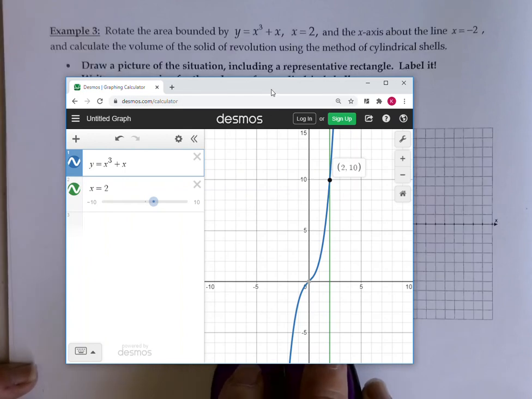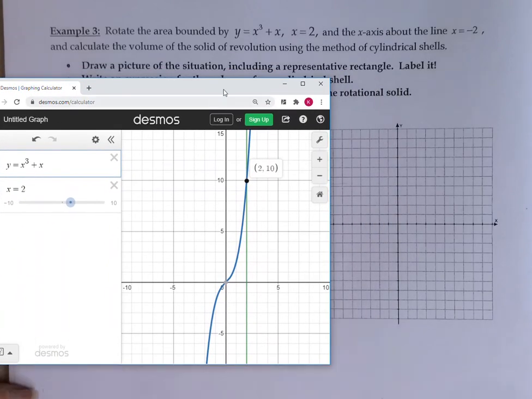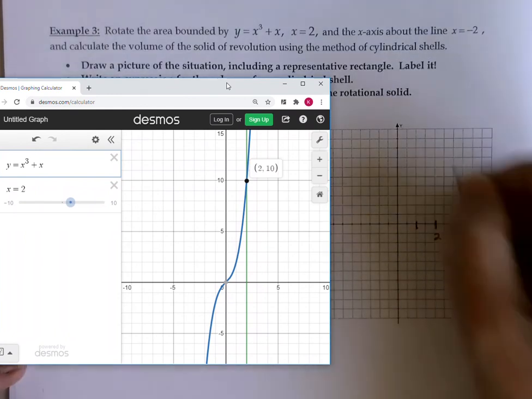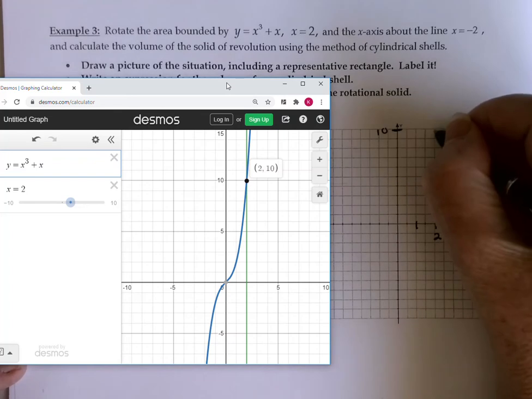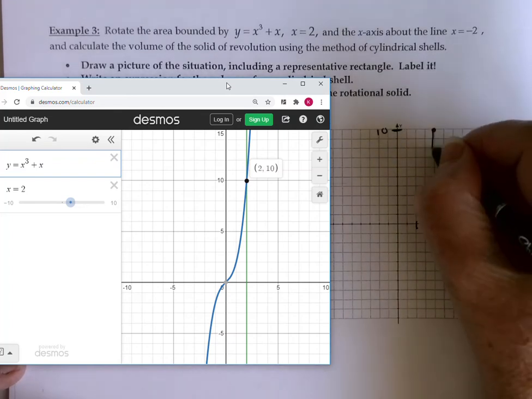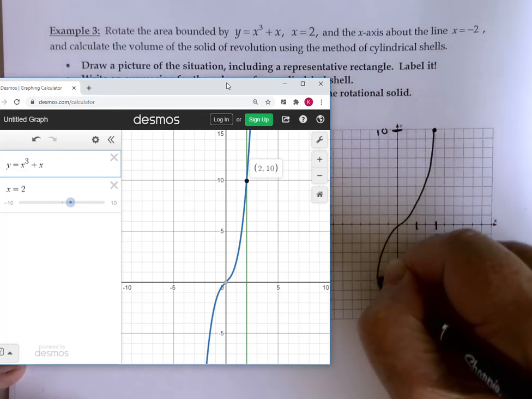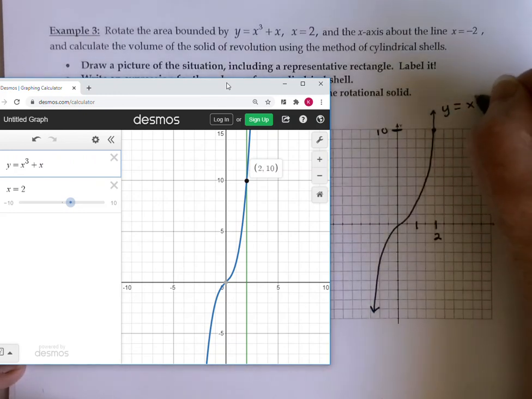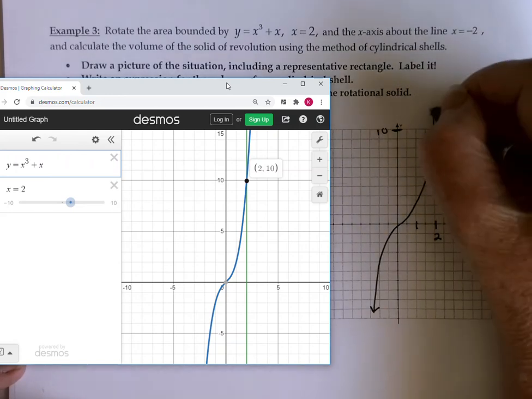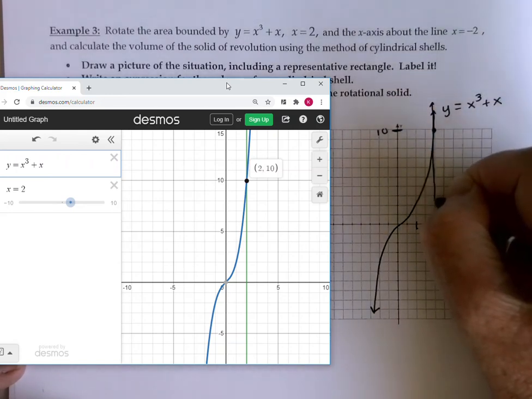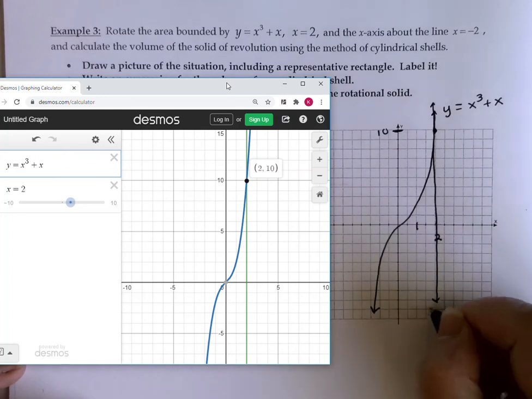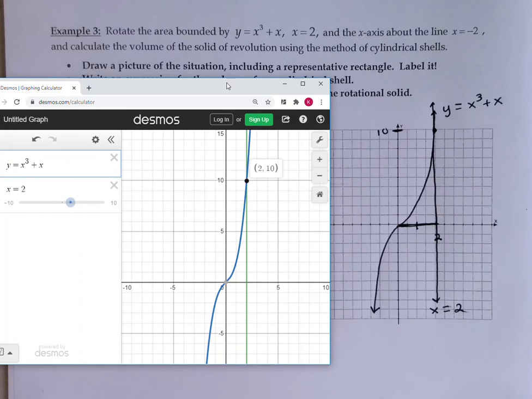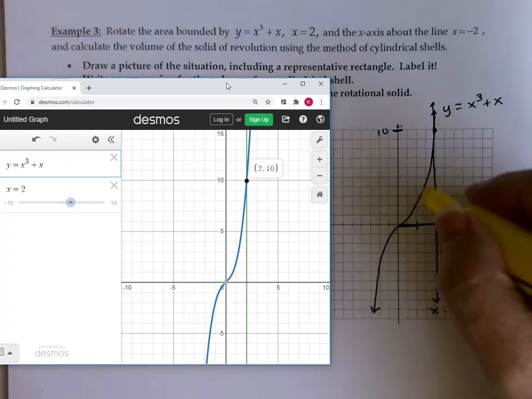So I'm going to make a little sketch of this. And then the x-axis forms the other piece of the boundary. So here's my region.